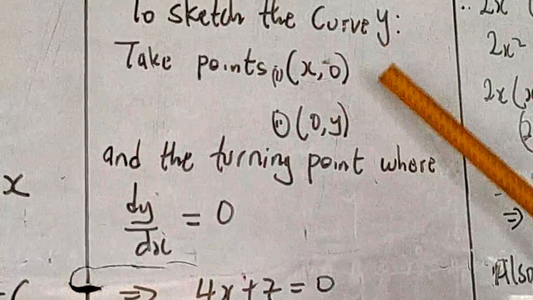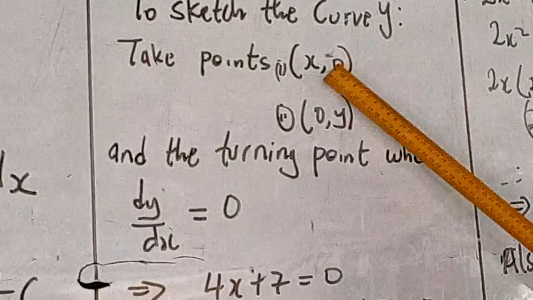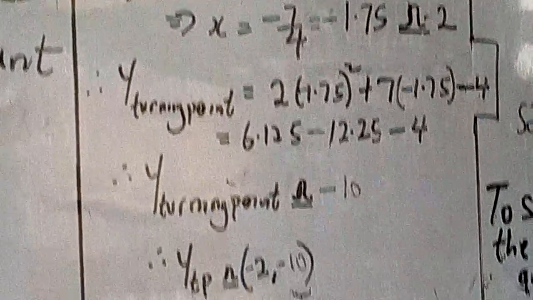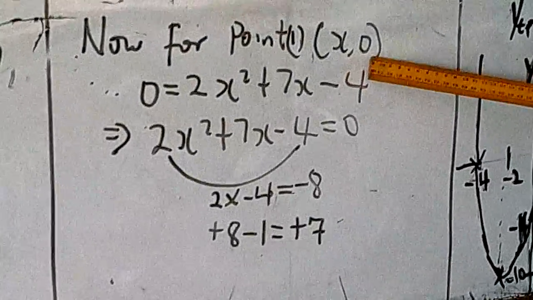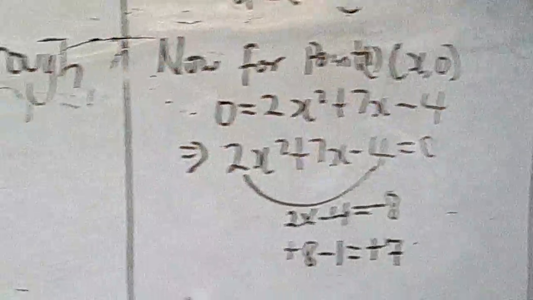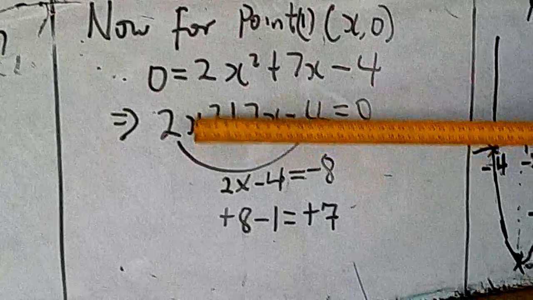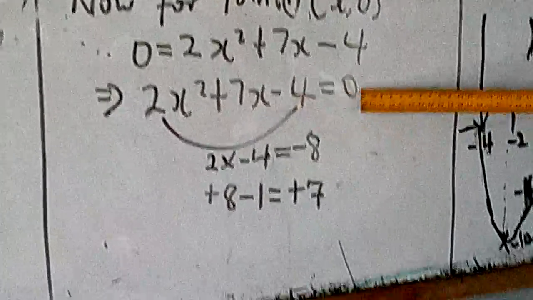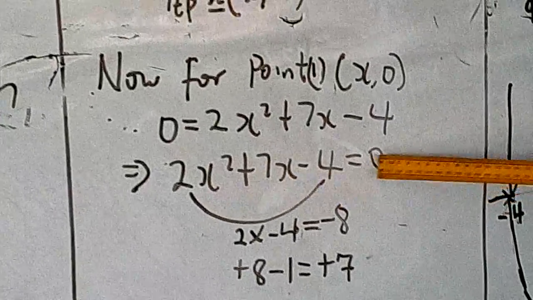Now, we want to find the other point we need to construct our curve, the point (x, 0). Taking the point (x, 0), that means the value of y is 0. Substituting y = 0 in the original equation, we discover that 2x² + 7x - 4 = 0. This is a quadratic function.